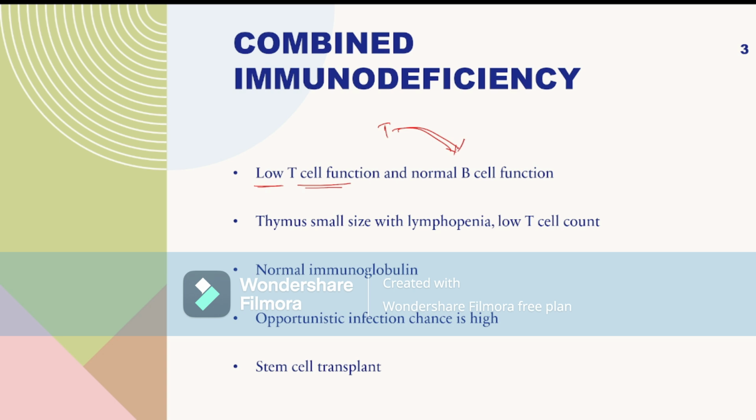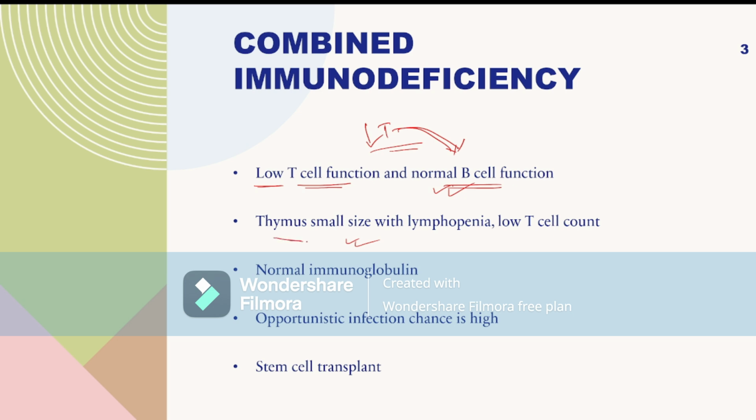So as the T cell functions to some extent, the B cell is working normally and produces immunoglobulin. So in this case, the T cell function is decreased to some extent, but the B cell function is normal.